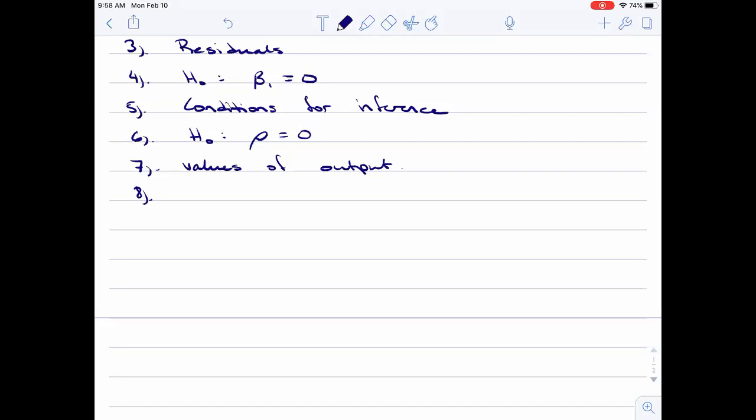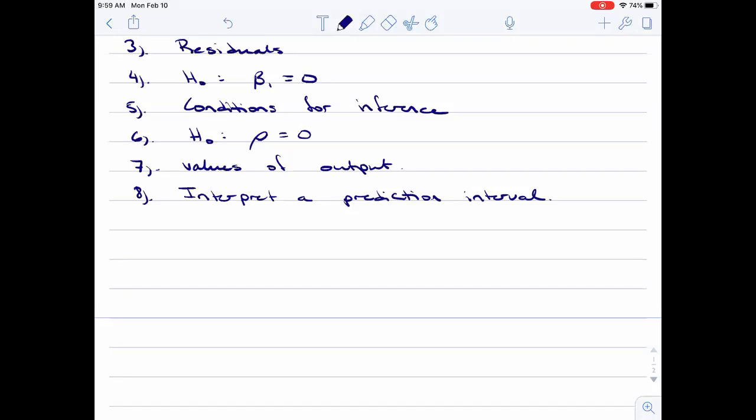8. You have to interpret a prediction interval. A prediction interval is for a single outcome. You made your prediction intervals and your confidence intervals, so make sure you keep track of the difference between the two.